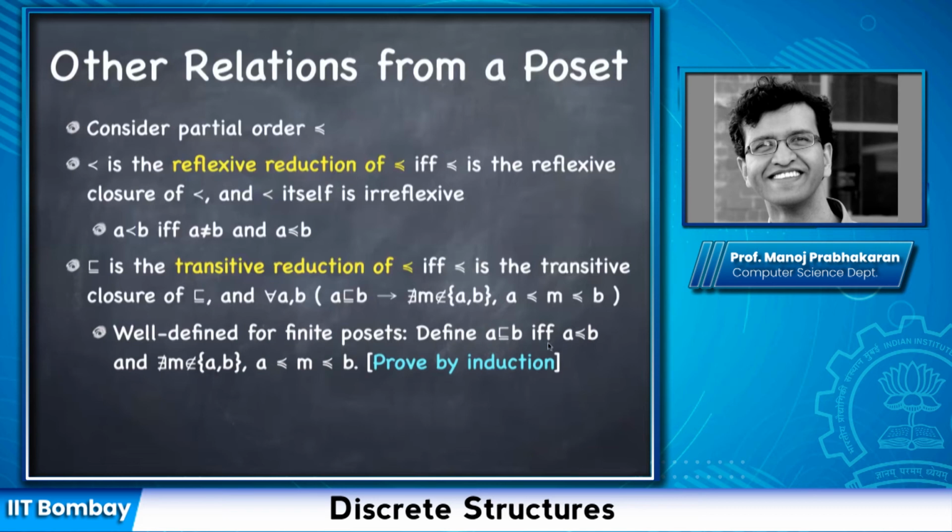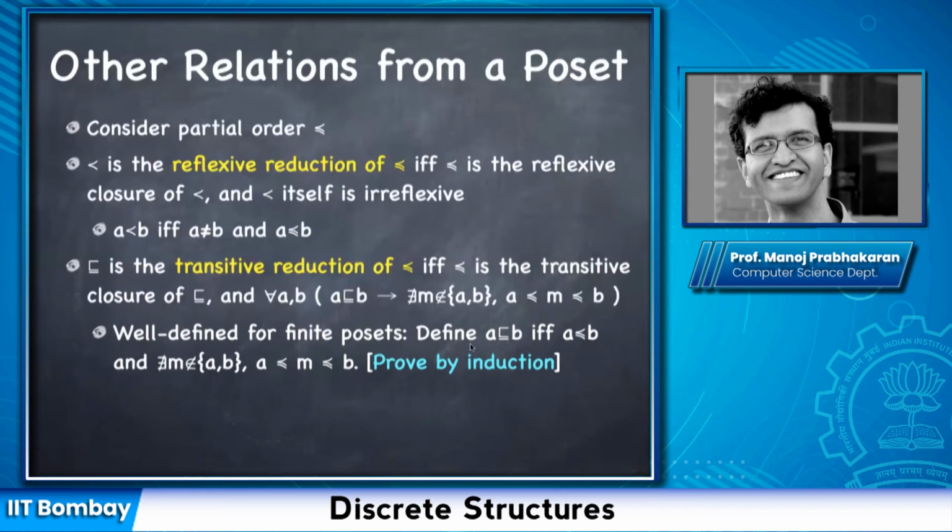So it consists of all the pairs AB, so all the edges in the original relation, as long as they do not have this issue that there is some other path in the original relation connecting A and B. So just delete all those edges.